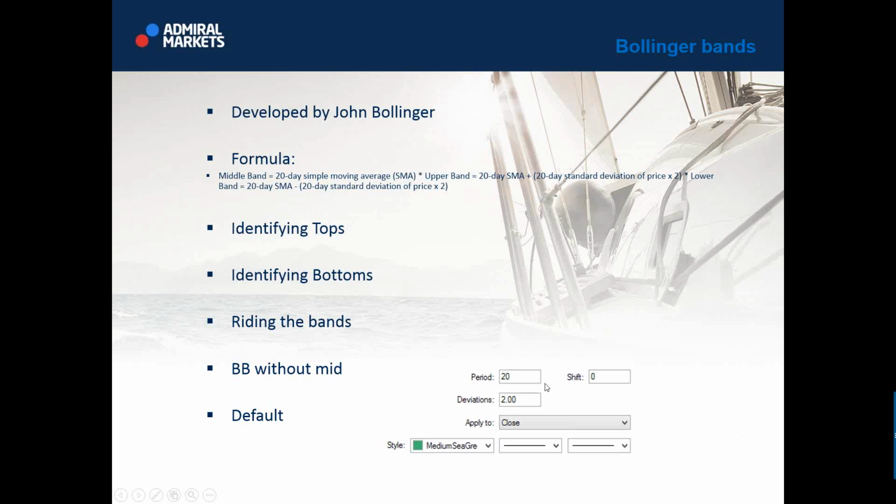This is the standard MetaTrader 4 Bollinger Band setup. So period 20, deviations 2, and I have personally tested a 100 period Bollinger Band, a 50 period Bollinger Band, and a 20 period with slightly different deviations.